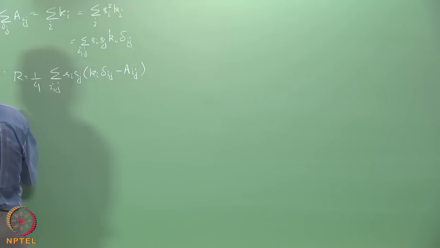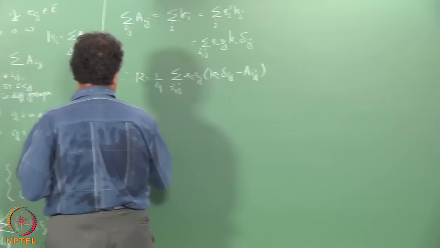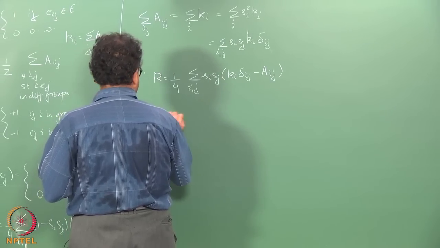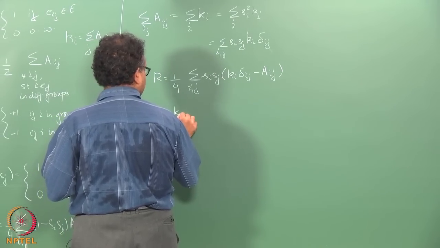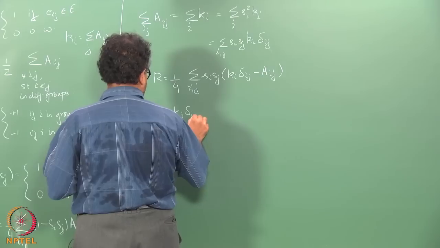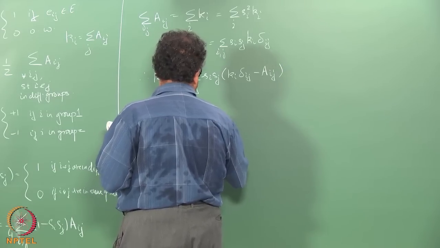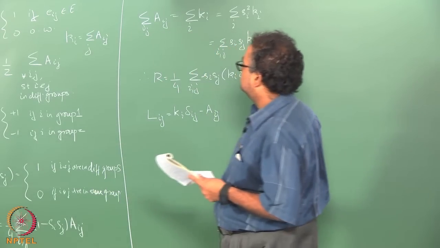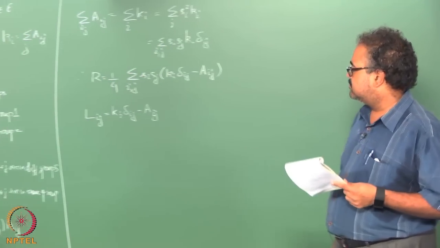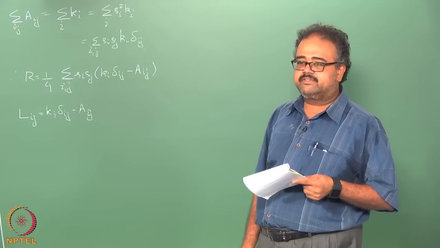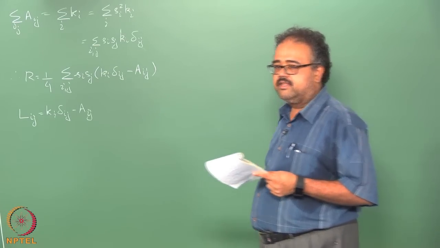So I am going to introduce a new matrix L_ij, so the ijth entry of the matrix L will be this, right.